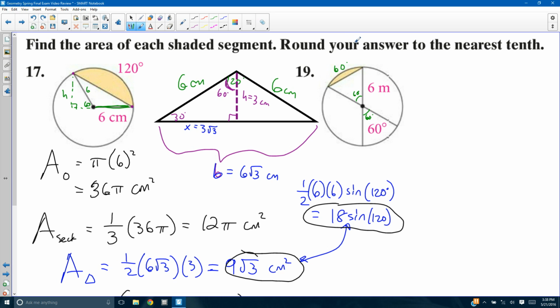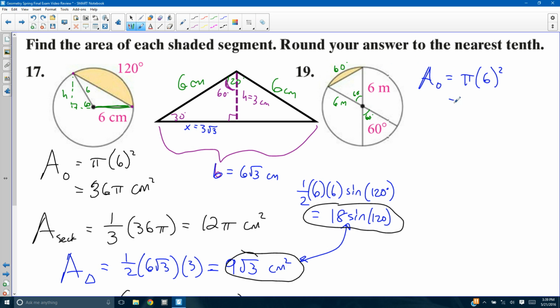This time I will shorten up the whole stuff. This time I will do 1/2 AB sine of theta when I find the area of the triangle. Just shorten it up and say, hey, let's use this one this time. But first I've got to find the area of this sector right here. And that'll be by first doing pi r squared for the area of the circle. It's once again going to be 36 pi, only this time it's going to be meters, not centimeters.